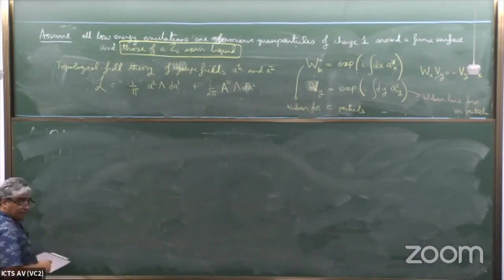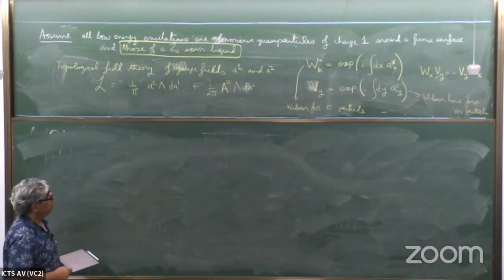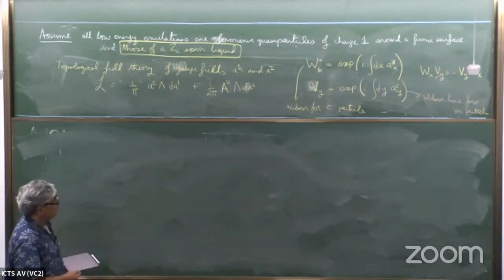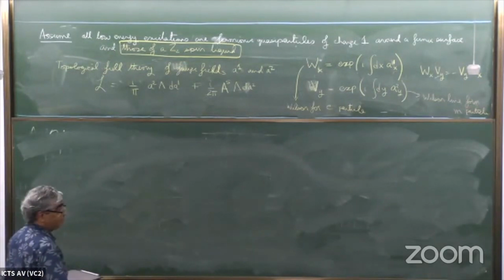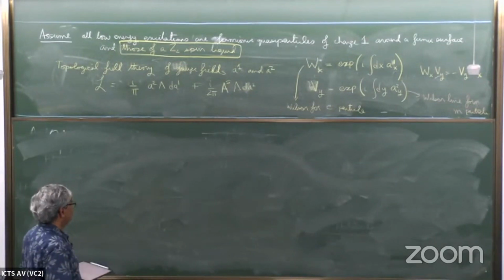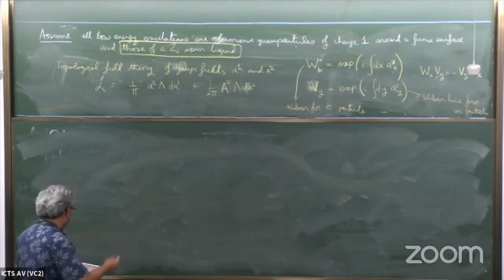Subir, would you just explain a bit more why the spin gauge field couples with A2? Yes, I'm going to explain. Maybe I can explain that now.